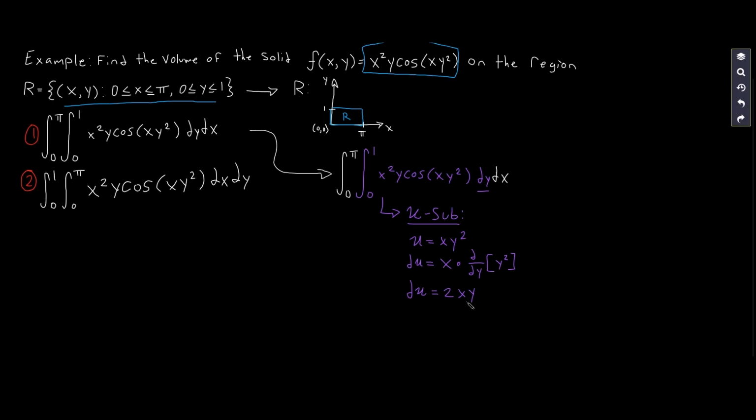So that's going to be 2 times x times y dy. And we don't have a 2xy, so that's okay, because I'm going to do du divided by 2 times xy equals dy. So then that should be like that, I think.